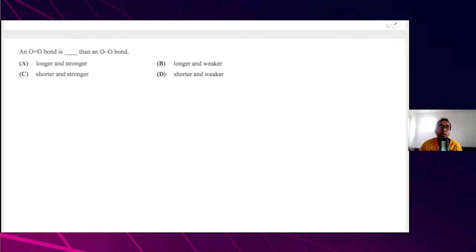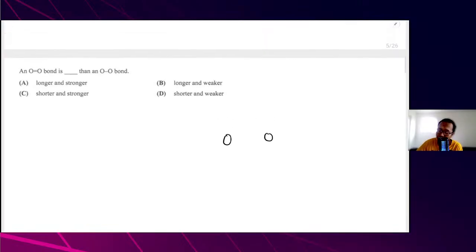You should know that you can approach this by considering single versus double bonds. A single bond is often the overlap of two hybrid atomic orbitals, such as in this O-O, so you will have an overlap like this.